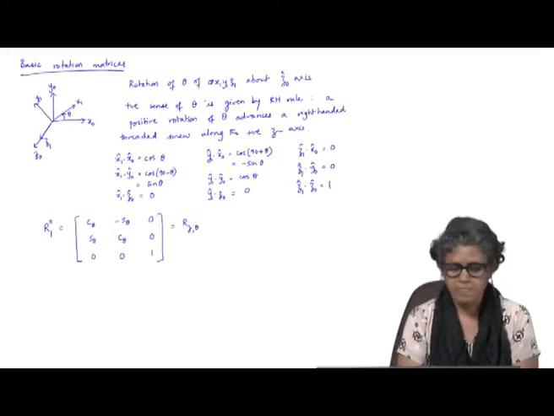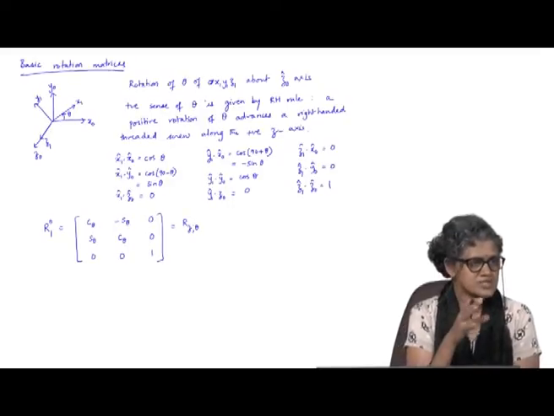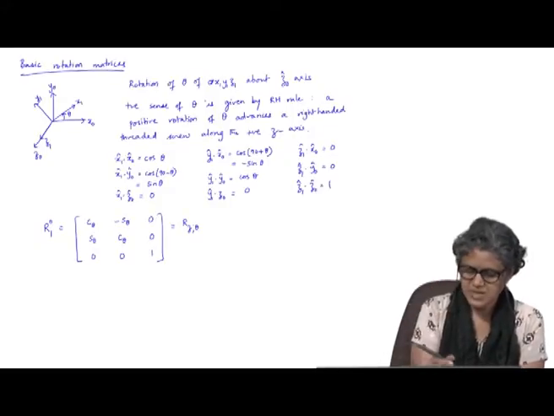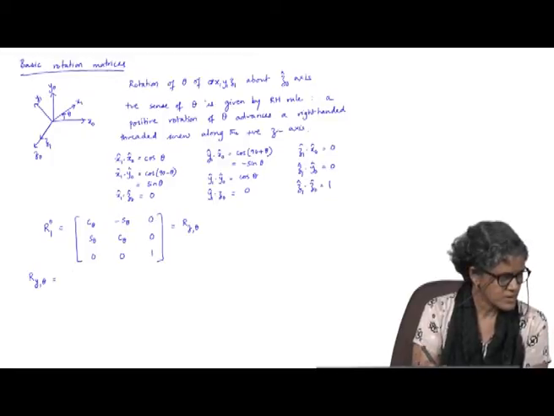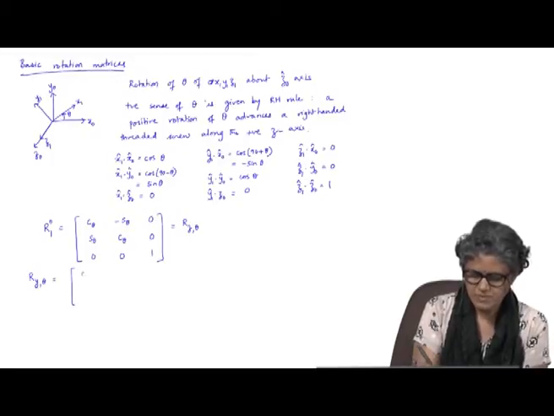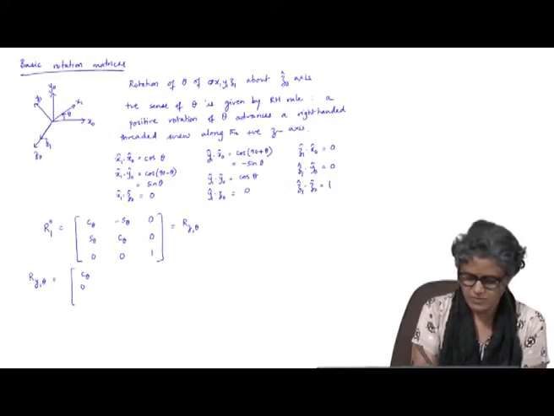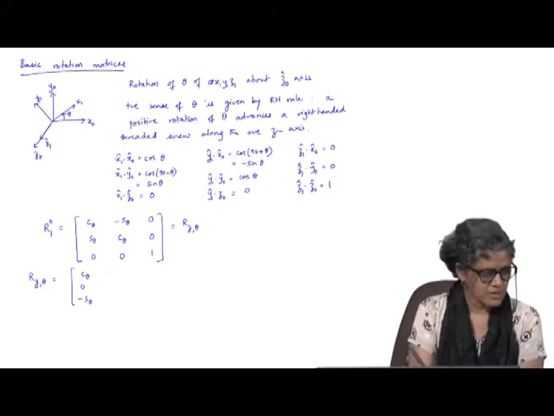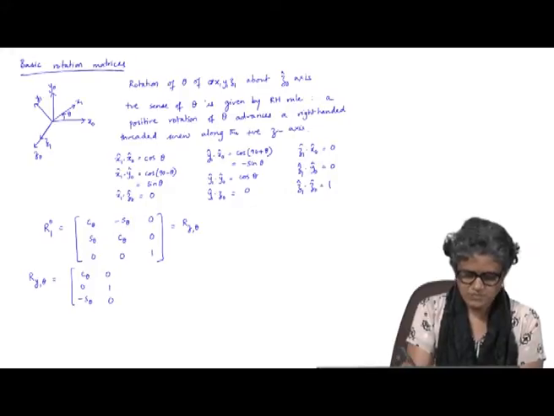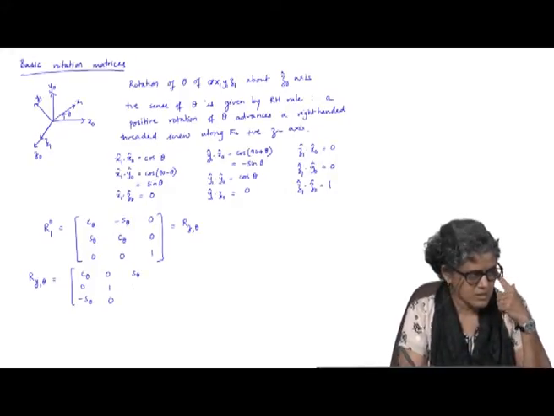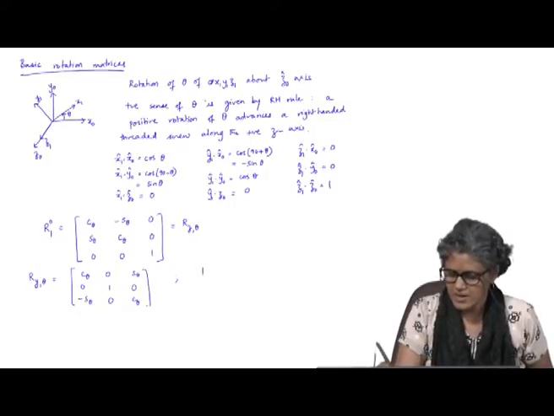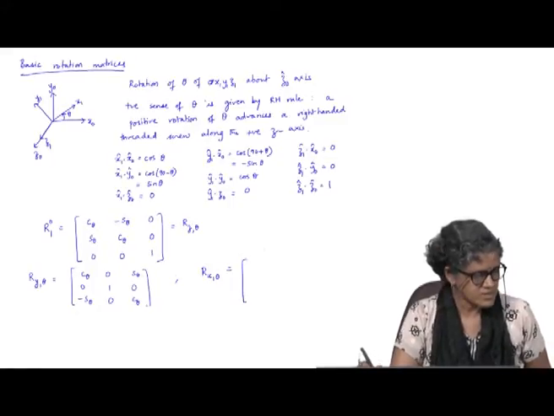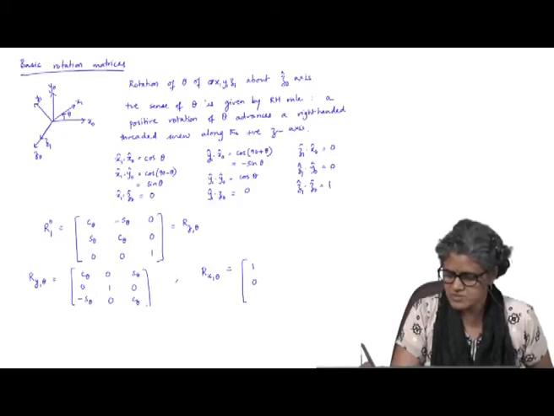Okay. So, these are considered the basic rotation matrices, where similarly I can write r y theta would be cos theta, 0, minus sin theta; 0, 1, 0; sin theta, 0, cos theta, and I have r x theta is 1 0 0.